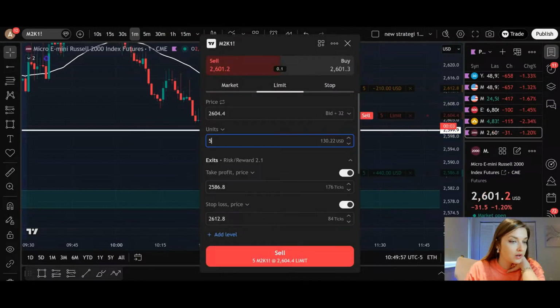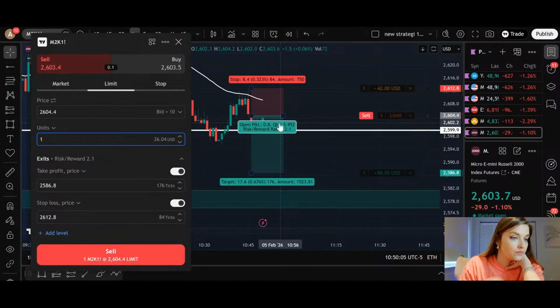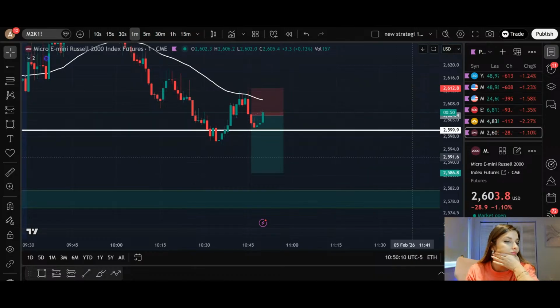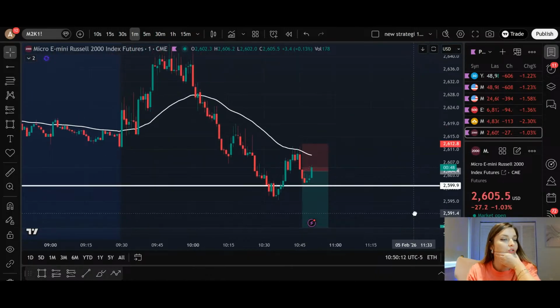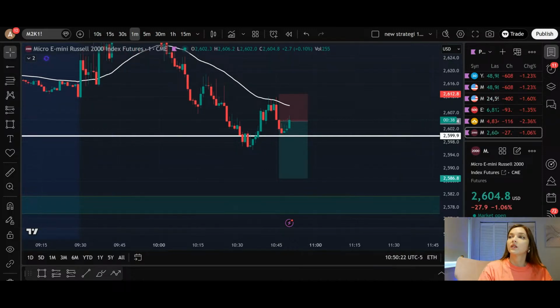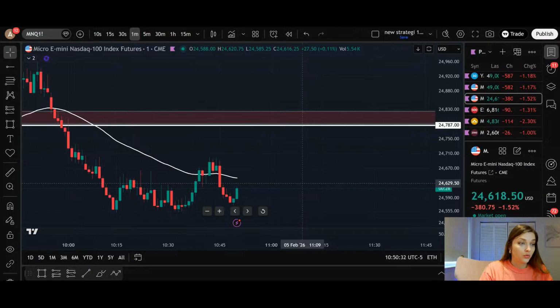Should I go for a Russell or should I not? I never trade Russell. I need to still learn their moves. Okay, let me go back to Dow because I see something interesting. Russell, I just leave it. I don't go in because I never trade Russell.